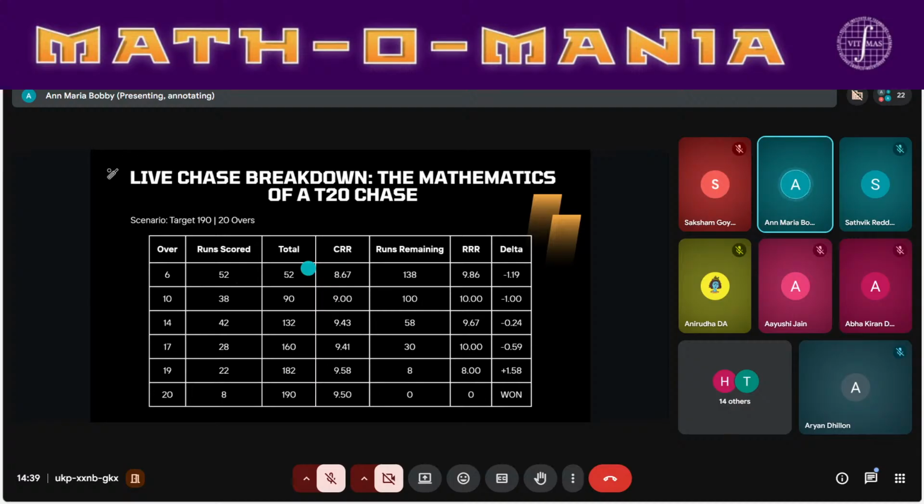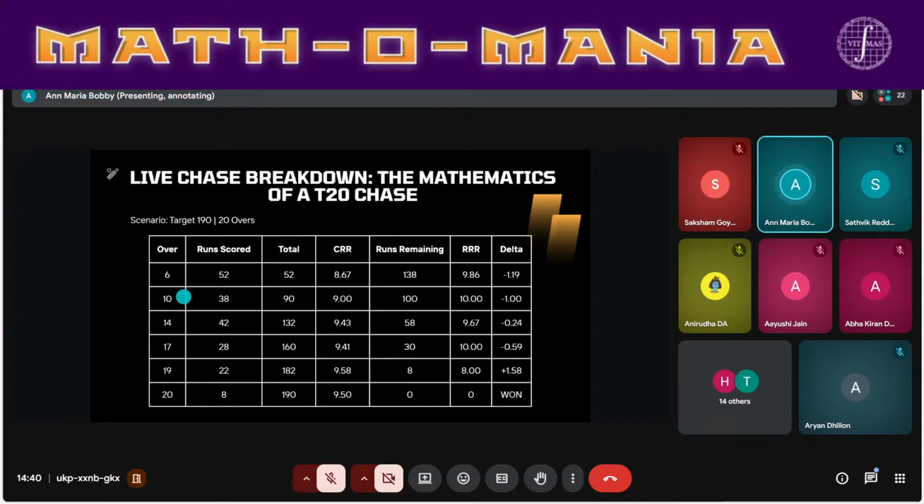The current run rate is 8.67, which is 52 divided by 6, and the runs remaining is 138. The required run rate is 9.86, which is higher than the current run rate, so we have a delta of negative 1.19. So there's slight pressure, but it's fine. Eventually, if they are able to make it up, it's fine.